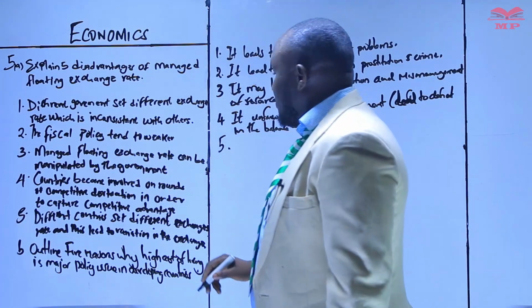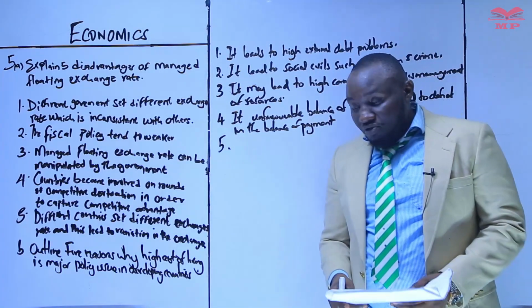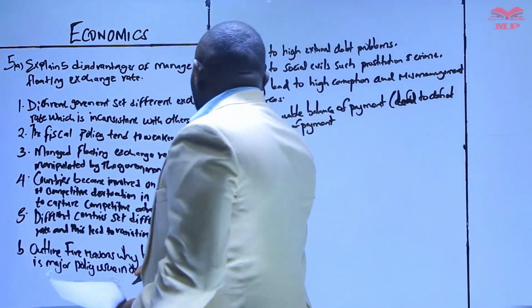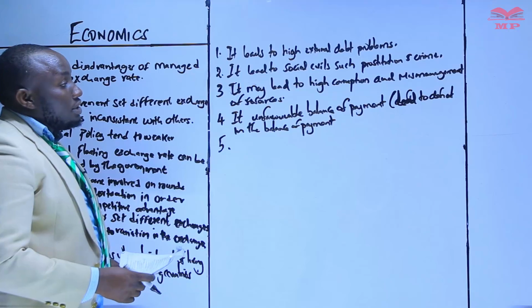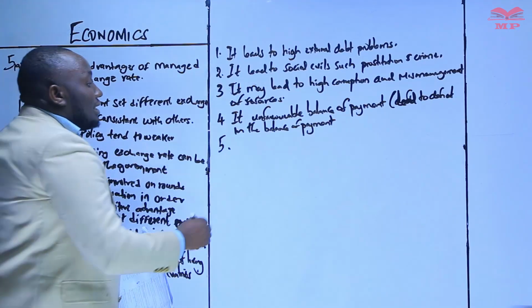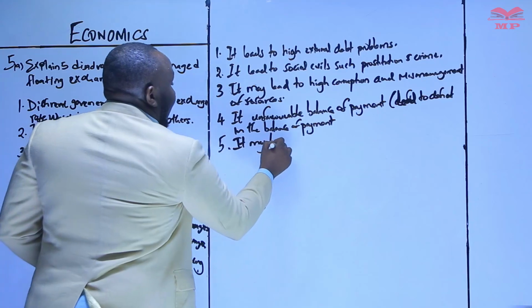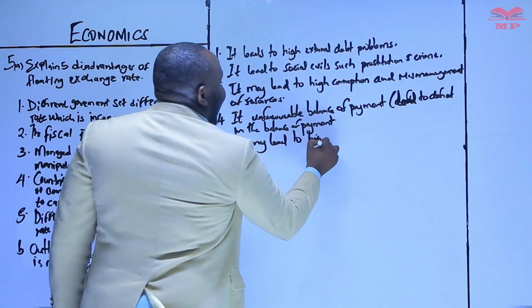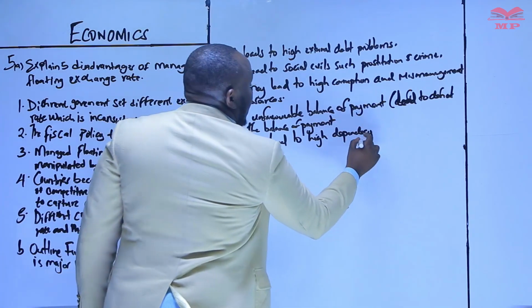We can talk about five. High cost of living may lead to a high dependency ratio.